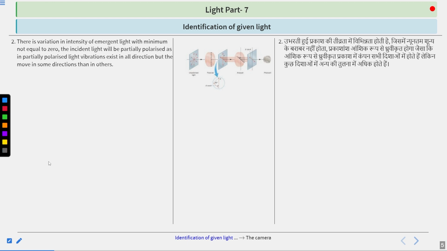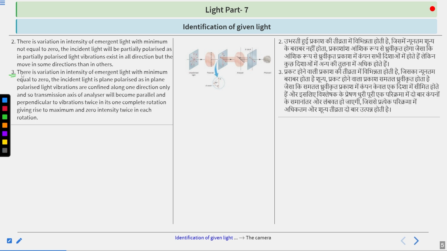Okay, so if we have a variation in intensity of emergent light with a minimum not equal to 0, then we could say the incident light that we pass through a Polaroid is actually partially polarized. Why? Because in partially polarized light, vibrations exist in all directions, but more in some directions than in others.